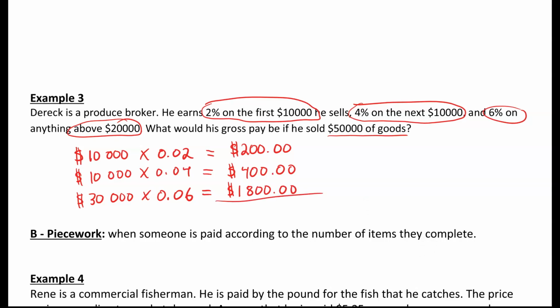Now our total for the $50,000 worth of goods sold ends up being $2,400.00. So based off of the commission that increases with the more that's sold, the total ends up being $2,400.